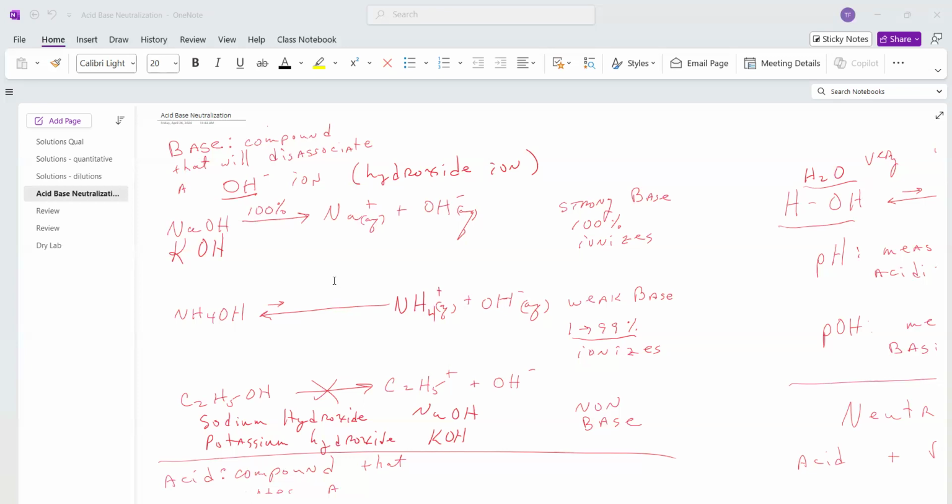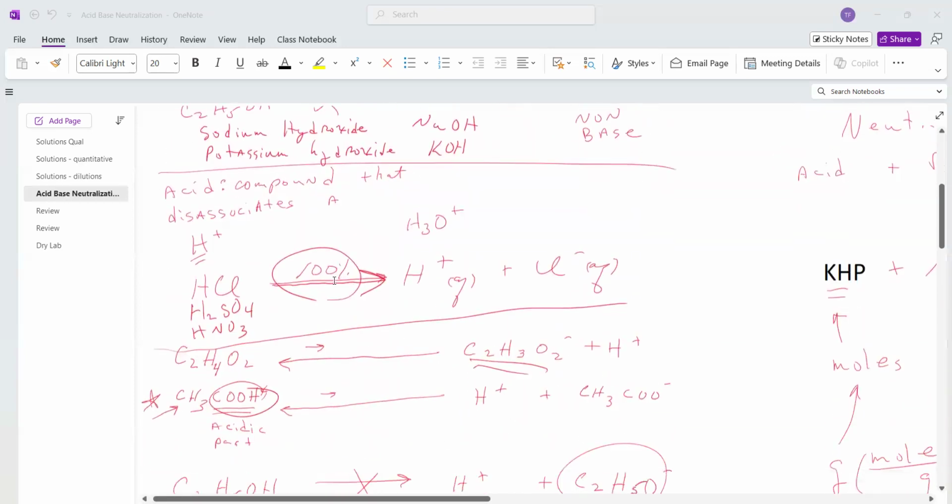Okay. As a counter to that, there are acids. Acids disassociate H pluses instead of OH minuses. Now, an H plus is the same thing as a proton, because an H atom has one proton and one electron. If you lose the electron, the only thing left is a proton. So sometimes acids are referred to as proton donors.